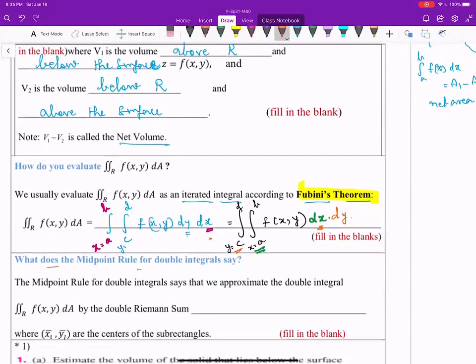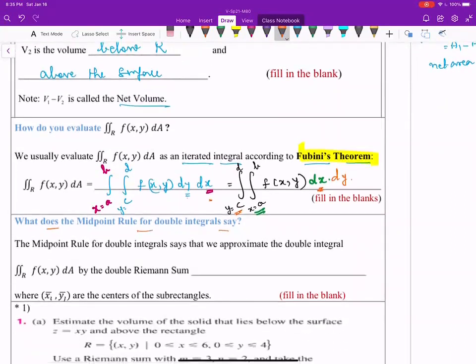What does the midpoint rule for double integrals say? It's again similar to the idea of the calculus 1 midpoint rule for evaluating an integral.